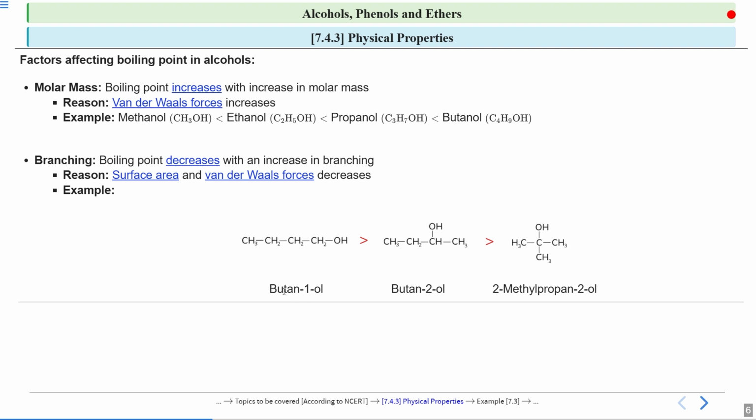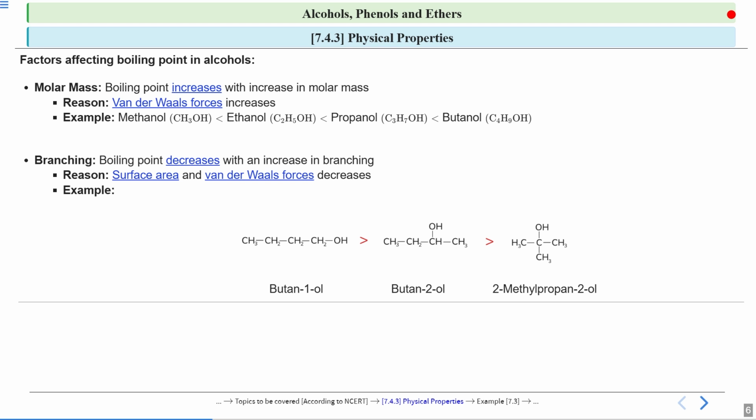That means your butane 1-ol will have the highest boiling point, then comes butane 2-ol, and 2-methyl propane 2-ol will have the least boiling point. Why? Because it has branching, so the surface area is less, the van der Waals force is also less, and you have to provide less energy. So butane 1-ol will have the highest boiling point because it is a straight carbon chain.